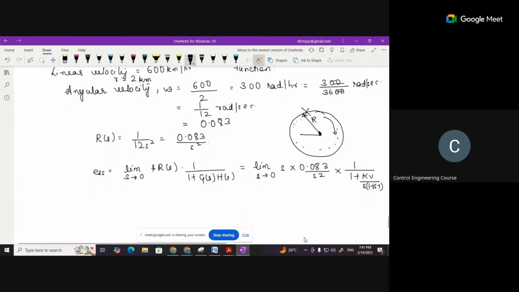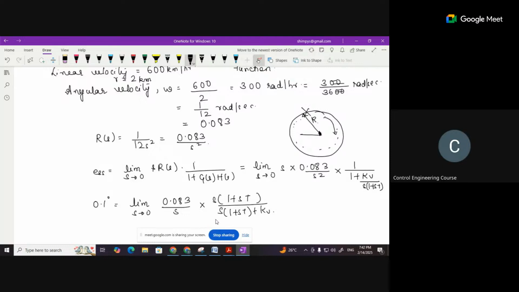Okay. So now for the steady state error to be 0.1 degrees, you have to find out this velocity constant. So limit S tends towards 0, 0.083 by S into S(1 plus ST), S(1 plus ST) plus kV.